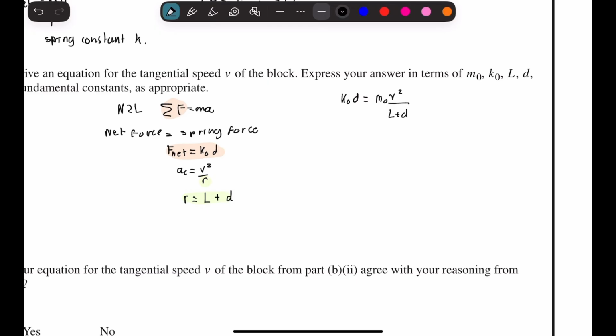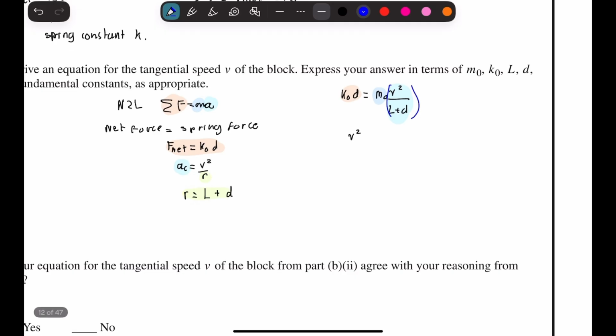Here the radius is in the denominator, and we just keep the v squared. Now, if you rearrange to solve for v squared, you have v squared is equal to k initial times d times L plus d, all divided by m initial.